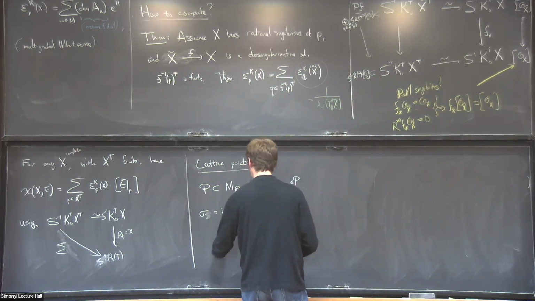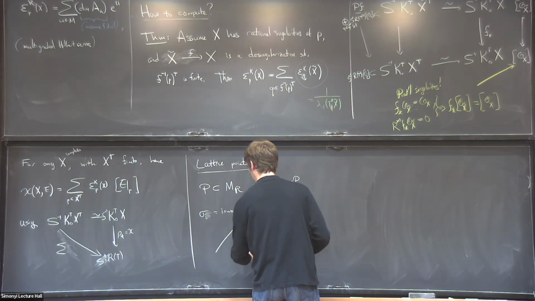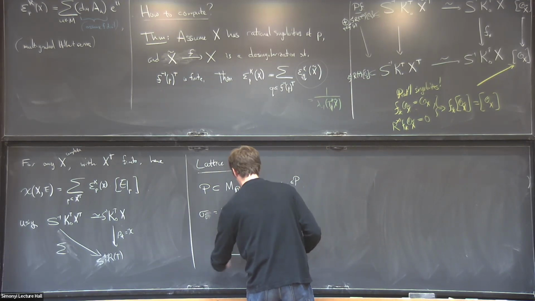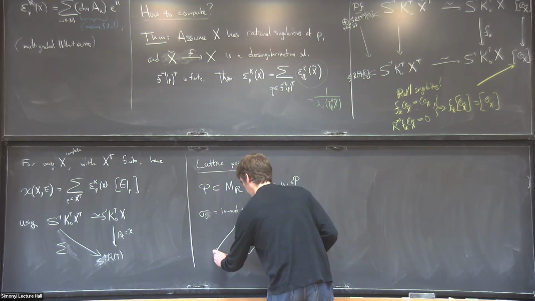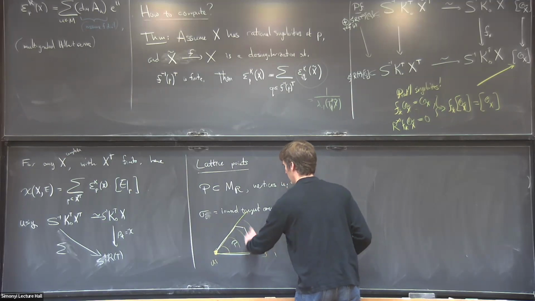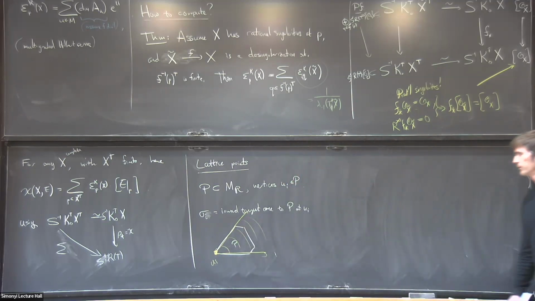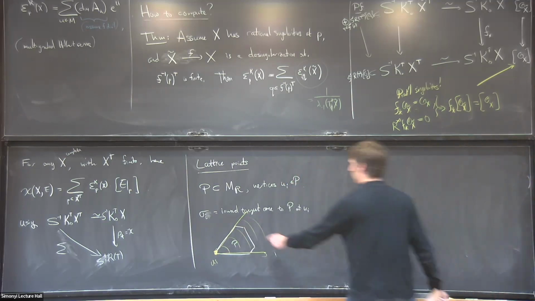So what I mean is if I got something like a polytope like this, and here's my vertex. So here's P. Then I just look at all the vectors that point into the polytope.